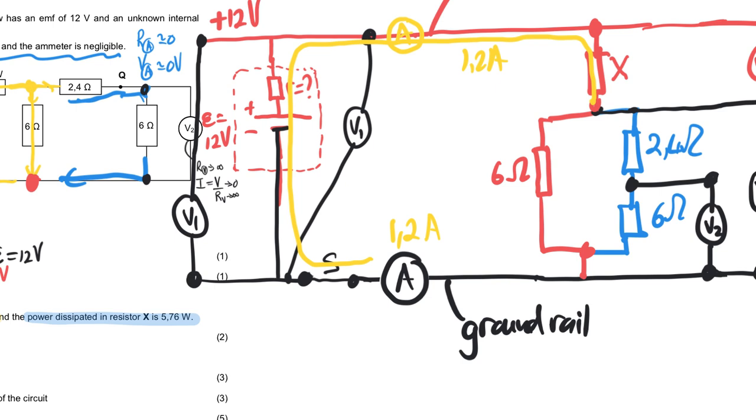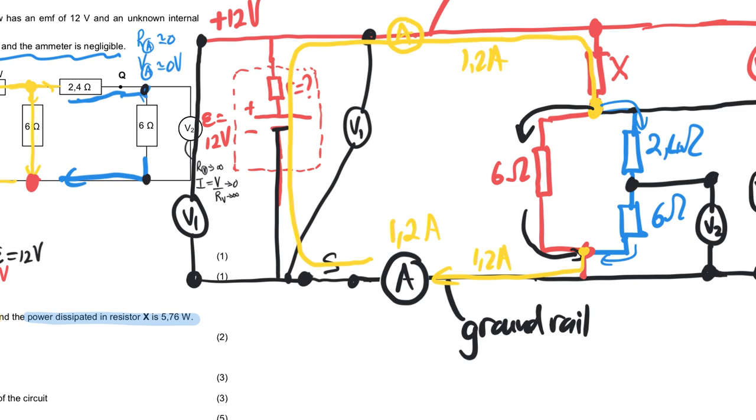Now, at this point here, that 1,2 amperes is going to split into two separate currents, which are each going to flow in the separate parts of that parallel part of the circuit. But they will rejoin there, and then it will flow at 1,2 amperes again through the ammeter.